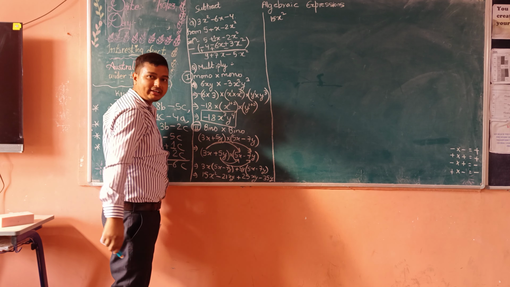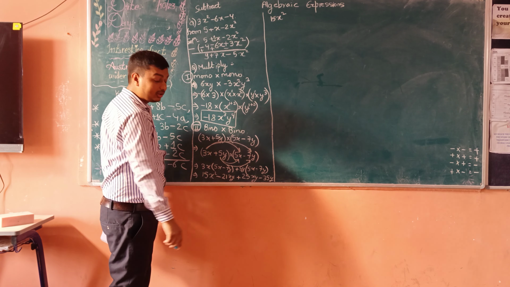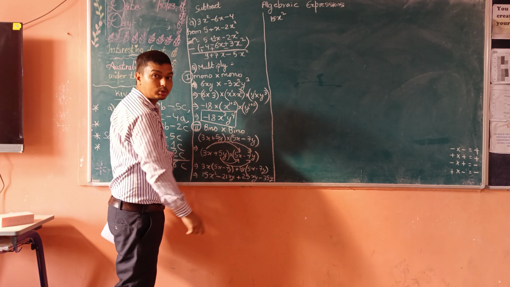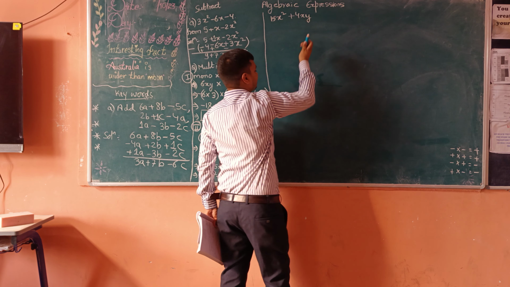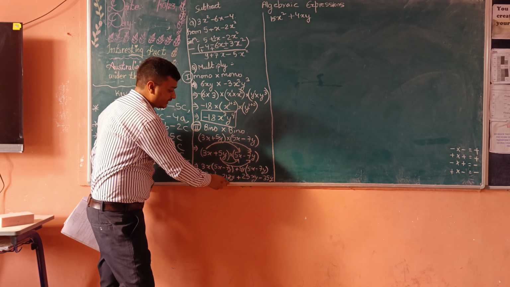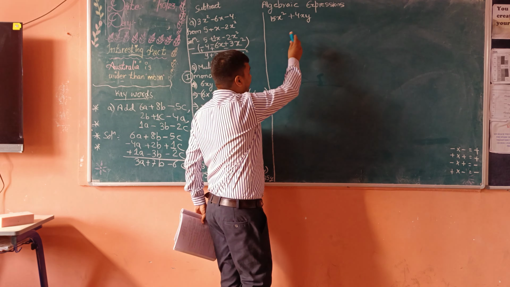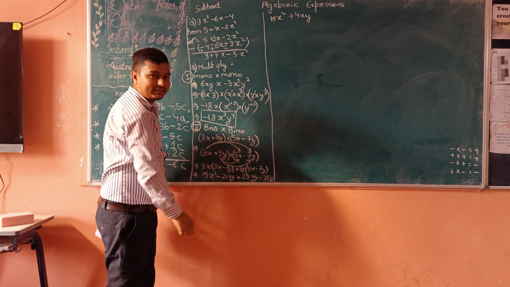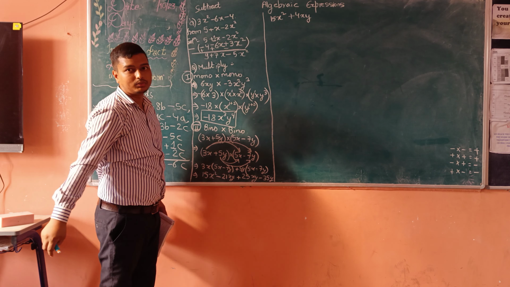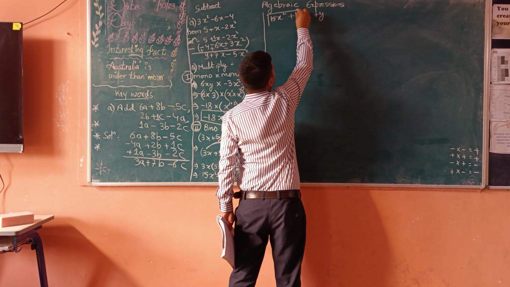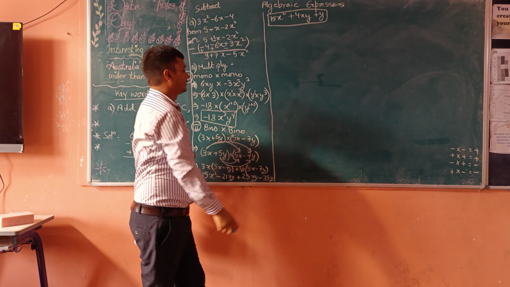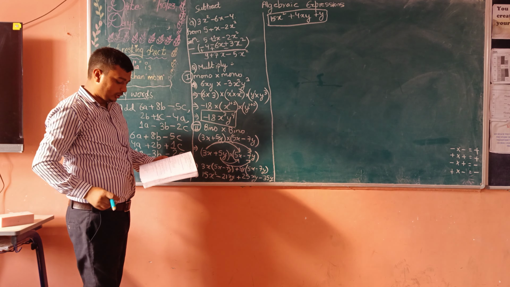Minus into plus is minus, so I will do 25 minus 21, which is 4. Which number is bigger? 25. So the answer will be plus 4xy. Next 35y. Is there any term with y like that? No. So I will write it directly as minus 35y. So this is my answer. This is the rule how to multiply binomial into binomial.